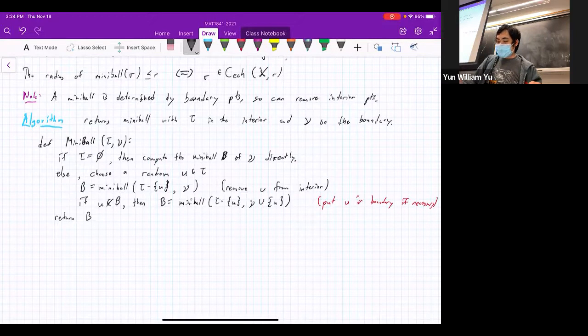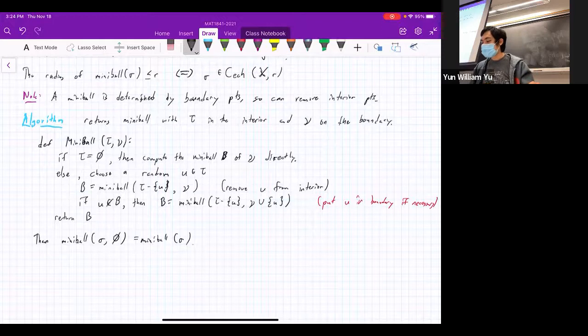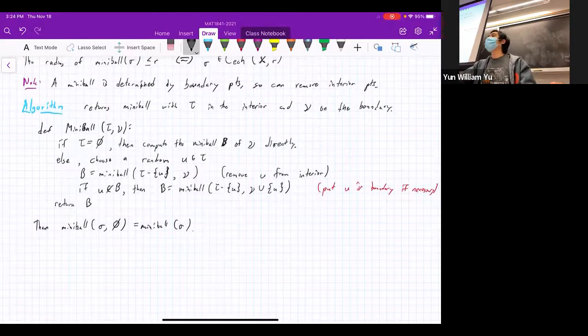Then after we do all this, the mini ball of sigma and the empty set is equal to the mini ball of sigma. Okay. How long does this algorithm take? Tau starts off as being all the things in sigma.